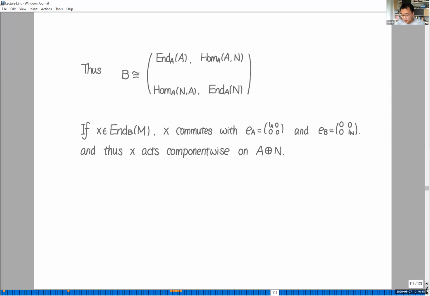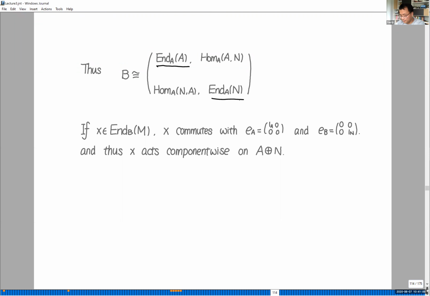Now, if you have an element x in the double commutant of the endomorphism algebra B of M, then x naturally commutes with the corresponding idempotents in the two endomorphism algebras, E_A and E_N.